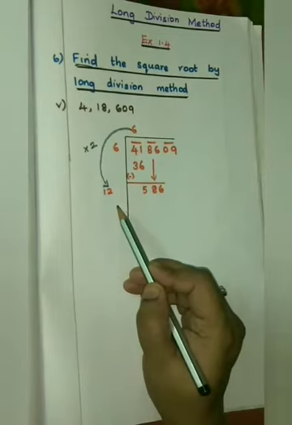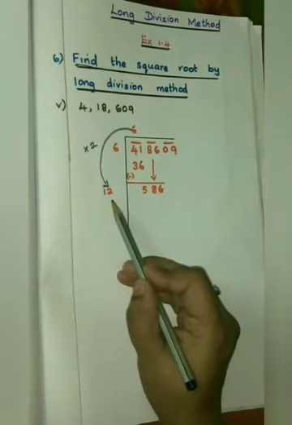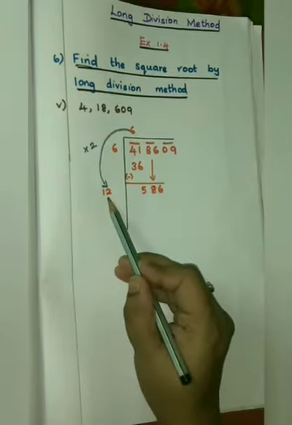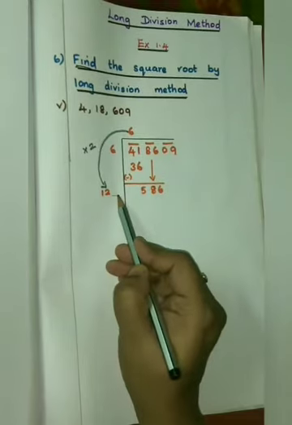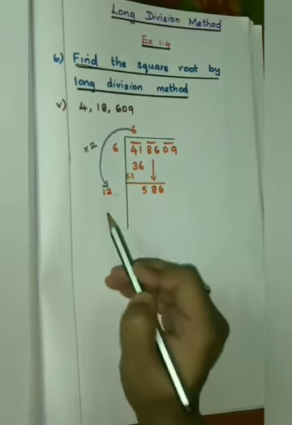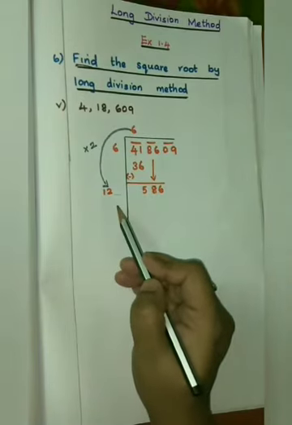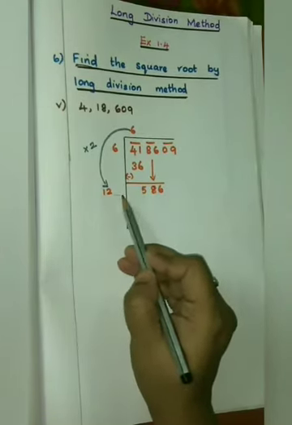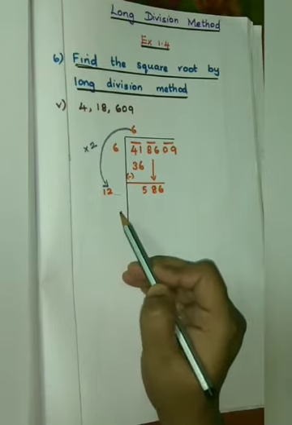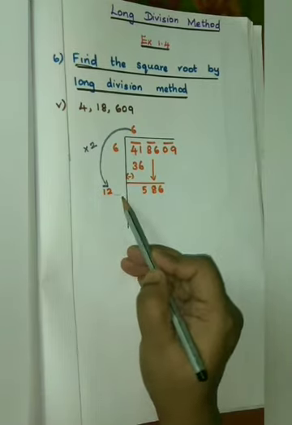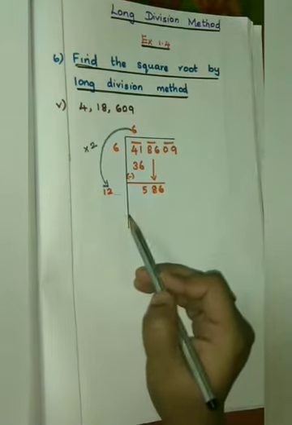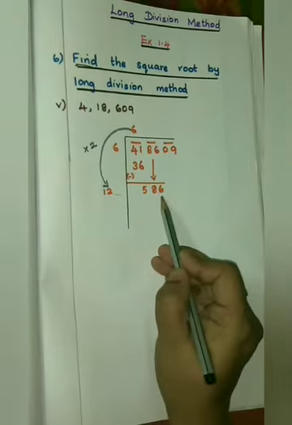Now let us find the new divisor. The new divisor is 12 followed by a digit. Let's see what is that. We use trial and error to find the new divisor. The next digit is chosen in such a way that the product of the new divisor and the digit is equal to or just less than the new dividend.